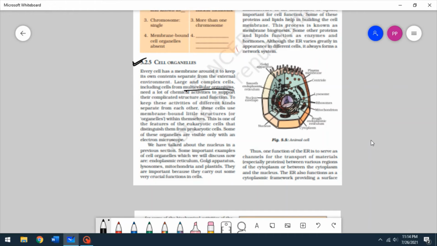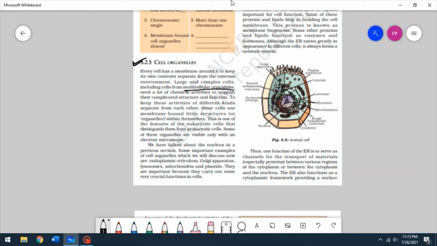To keep these activities separate from each other, the cells use membrane-bound organelles within themselves, and this is most common for eukaryotic cells, where they have well-defined nuclear membranes and membrane-bound organelles. So this is one of the features that distinguish eukaryotic cells from prokaryotic cells.